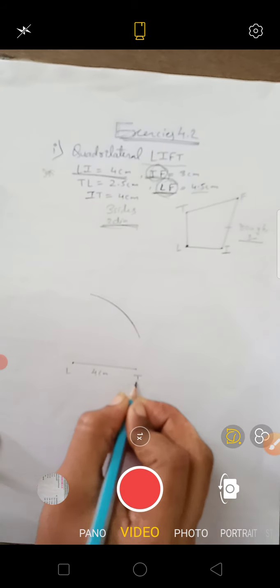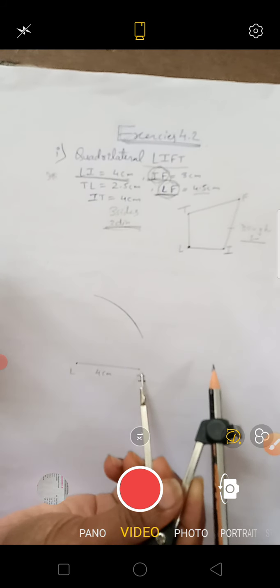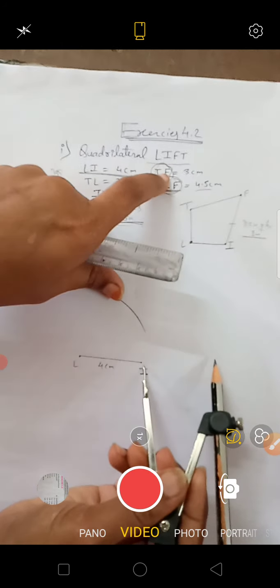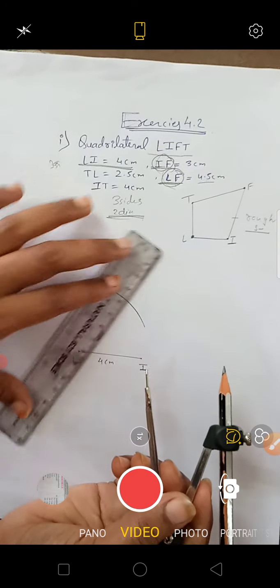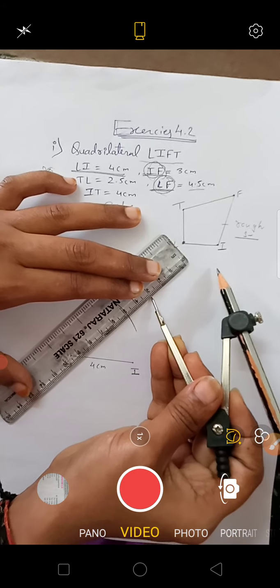Then similarly we plot with I. We take I as center, and for plotting the common point F we take a distance of 3 centimeter. Using compasses and a ruler we take 3 centimeter of distance.